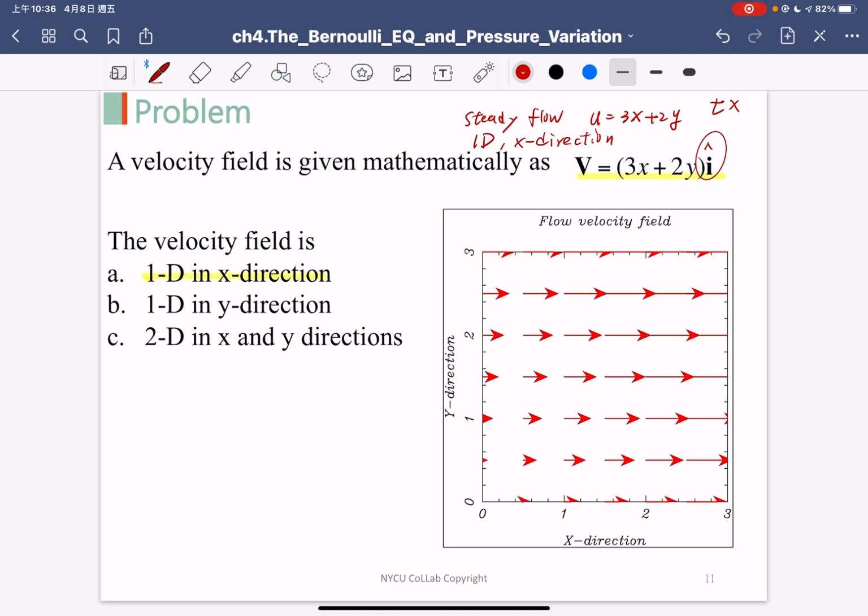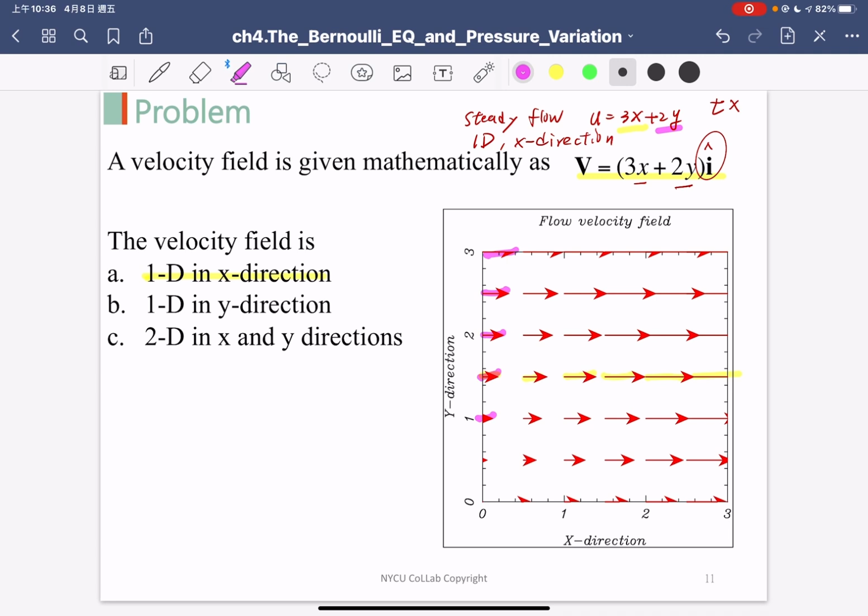But you may be confused because there are x and y shown here. The x and y only define how large the velocity magnitude is along the x direction at this point. You can see the arrows shown here. If x increases, the velocity magnitude will increase, because of 3 times x. If y increases, the velocity also increases, because of 2 times y.